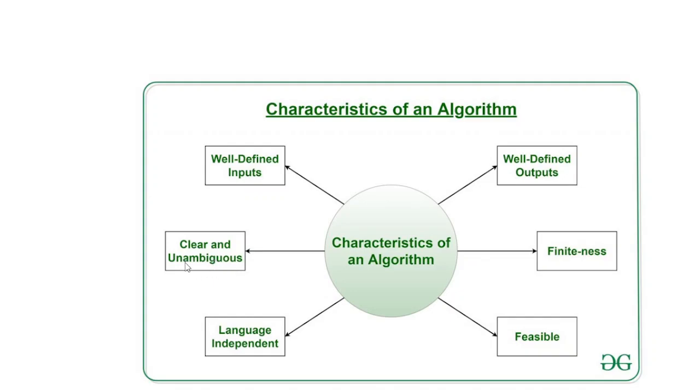The general English meaning of ambiguous is confused, but here in an algorithm we will have clear and unambiguous steps. The number of steps is going to be finite, as in the number of steps is going to be countable. I cannot have an uncountable number of steps in an algorithm. An algorithm is language independent, that is, programming language independent. Once I have the algorithm, I can change it to Java, C, C++, or Python, whatever language I want. And it is feasible, as in it is a possible solution to do.